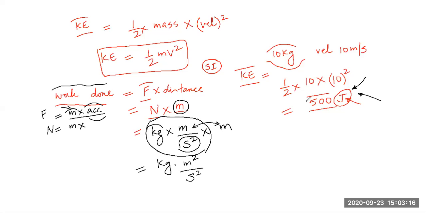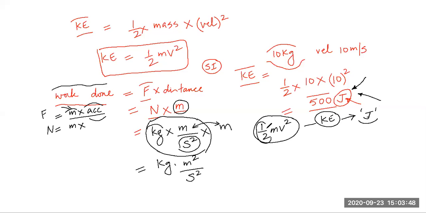Now, half mv square is kinetic energy. Am I right, students? And just now I told what is the unit of energy, whether it is kinetic energy, potential energy, gravitational energy. Joule. Now see, what is the unit of half?